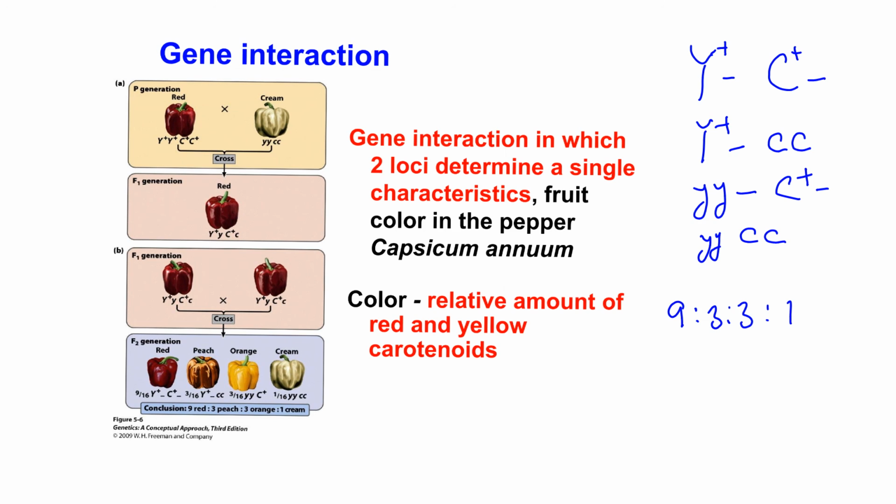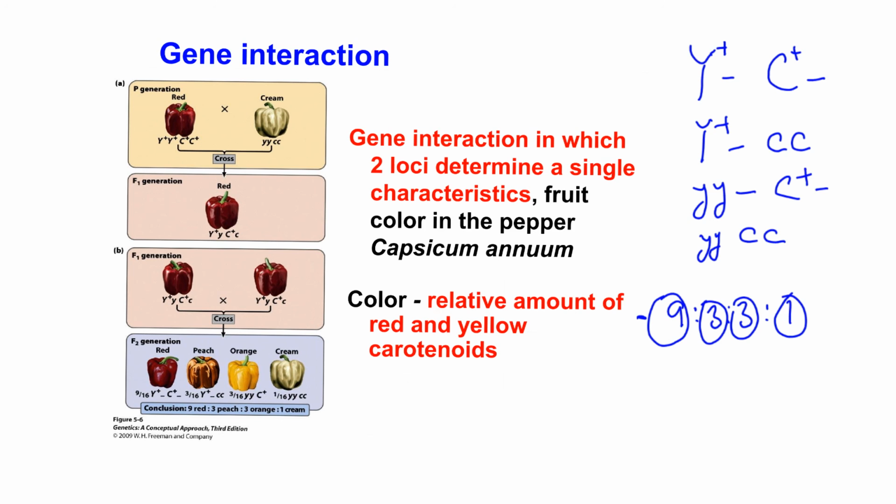If genes interact, in this case, you also get the ratio 9 to 3 to 3 to 1, because in both cases there is segregation. However, each one only creates one phenotype: red, peach, orange, and cream. So these two genes interact to create one phenotype. Whenever you solve problems with genes where there is interaction, and you use probabilities and branch diagrams, do not plug in phenotypes.